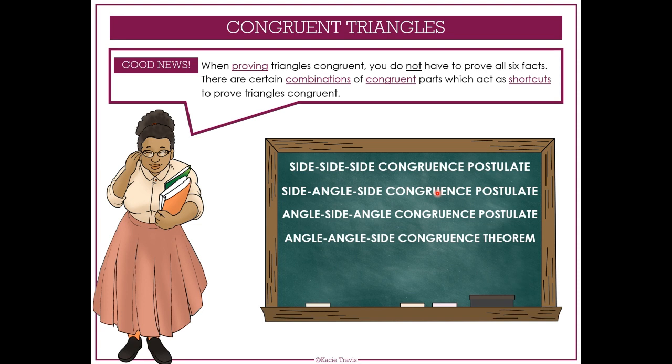We have angle angle side, which is 2 angles, then the following side have to be congruent. And then we have the hypotenuse leg congruence theorem. This last one here is specific to right triangles, okay? Don't freak out too much. We got this, all right?